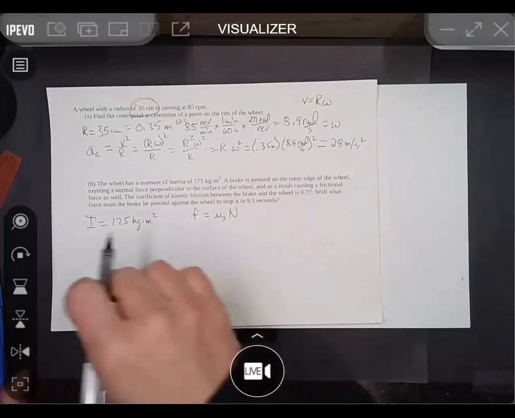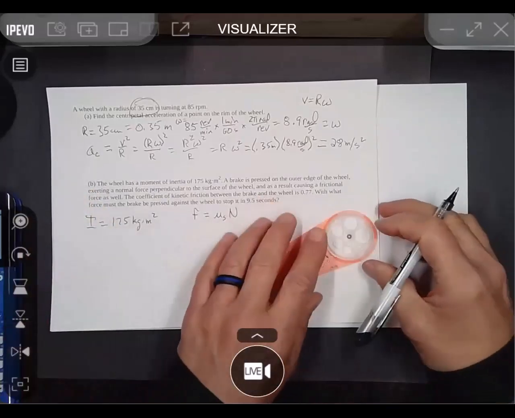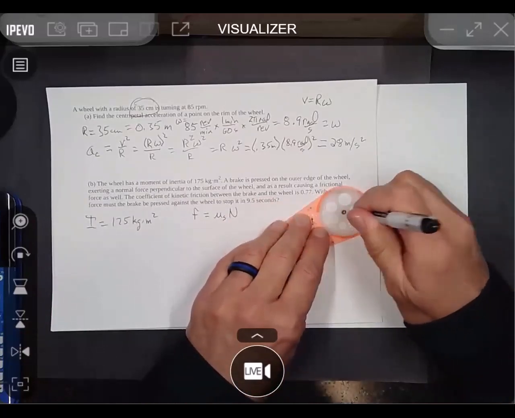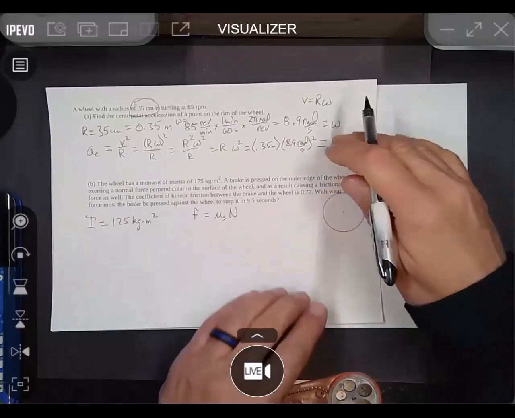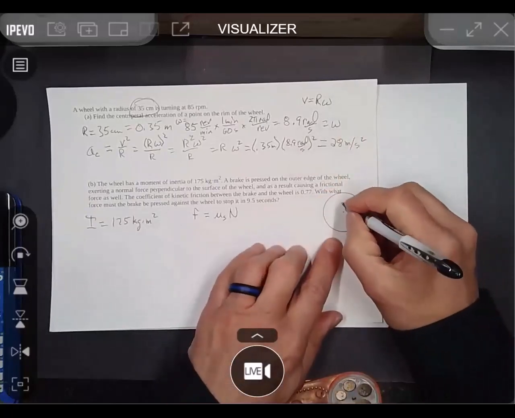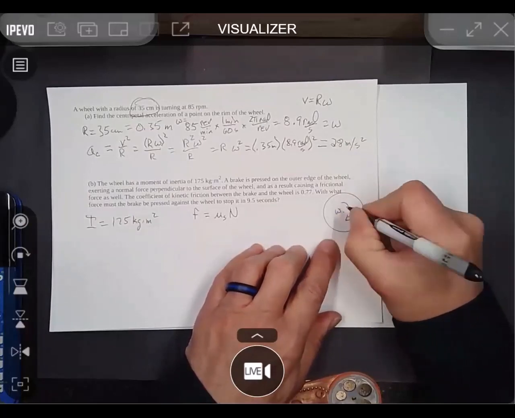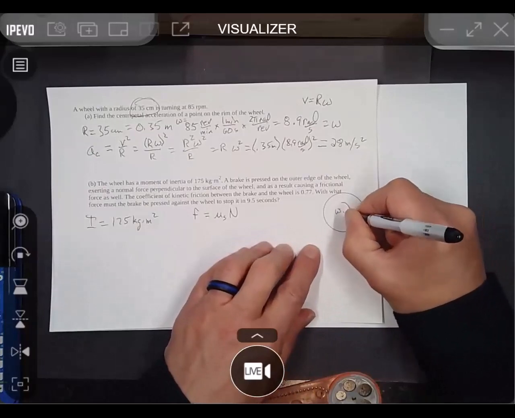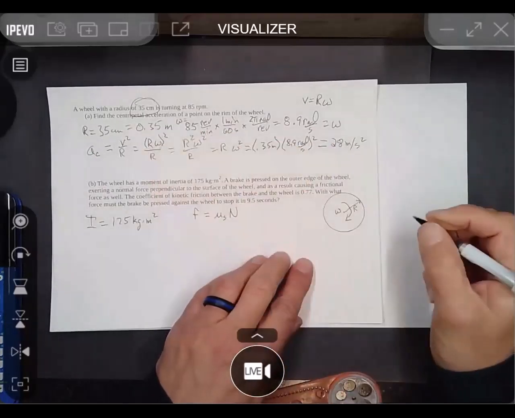In this case, if you imagine the wheel that we have here, we imagine that it's turning in this direction. So that's the direction of omega. And got the radius r that we've been told, so 0.35 meters.